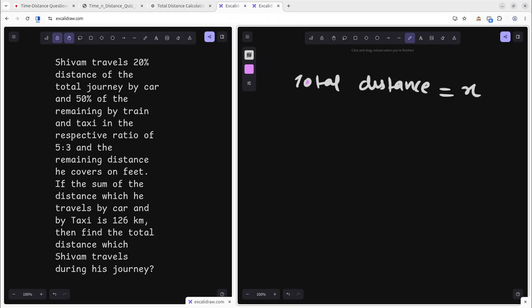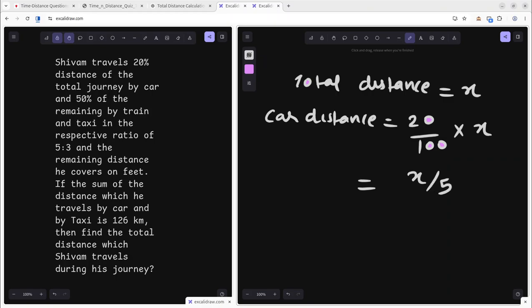So car distance equal to 20% of the total distance, right? So 20 by 100 into x, that is equal to x by 5, right?